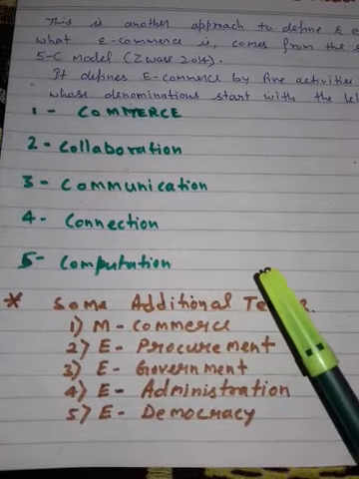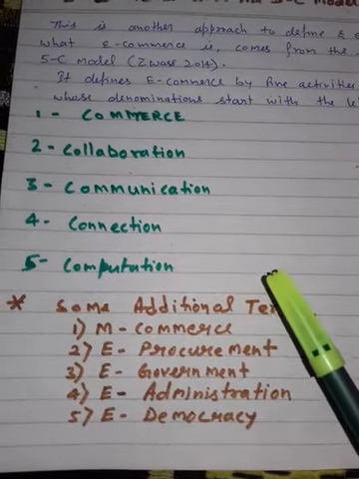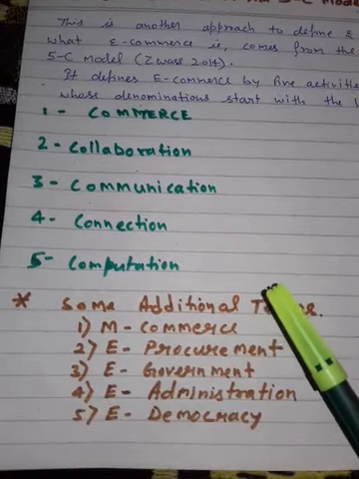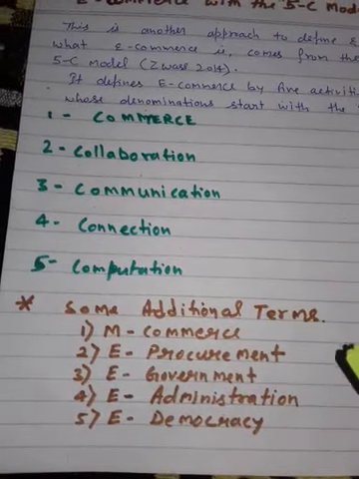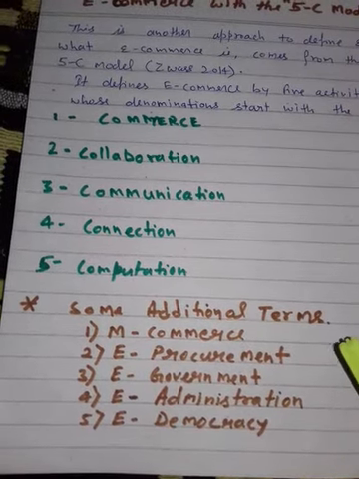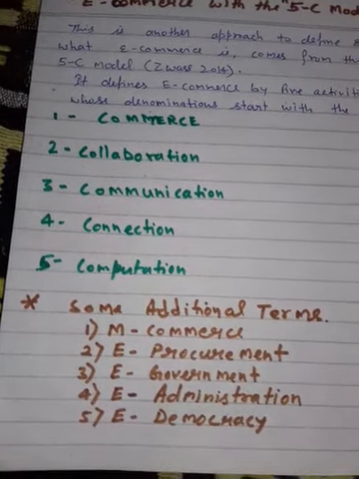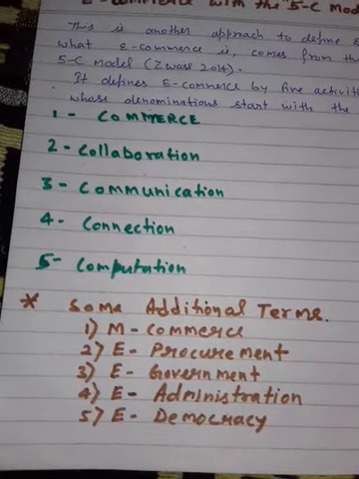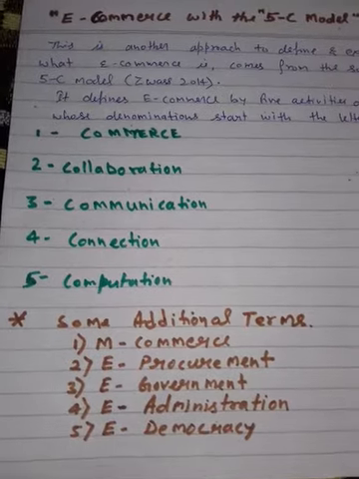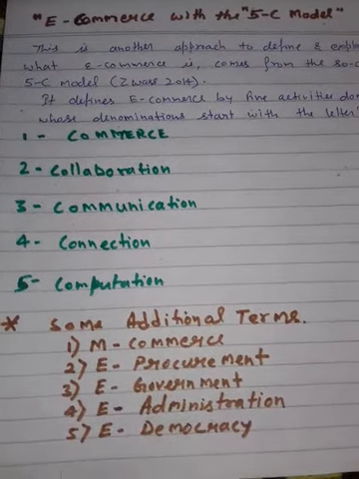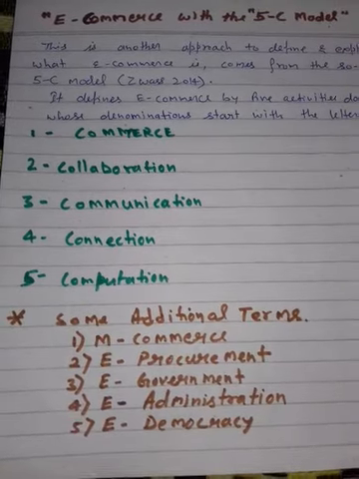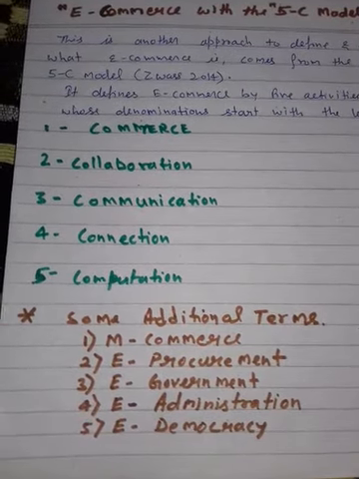M-commerce is basically known as mobile commerce, defined by Mohapatra in 2013, and is commonly understood as the use of mobile devices for business purposes, especially mobile phones and PDAs, personal digital assistants. So there are different things which we use in terms of mobile commerce, and now there are some main features of mobile commerce.